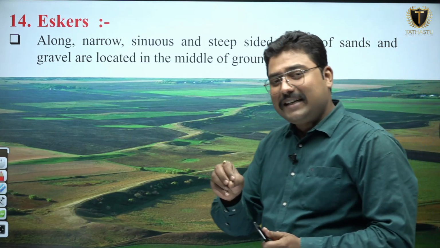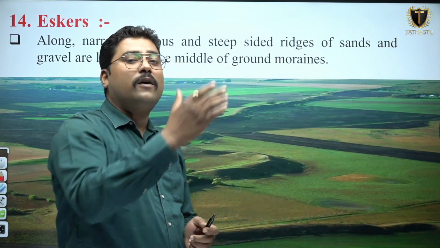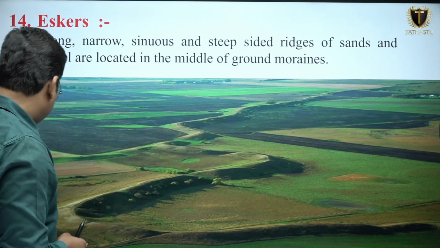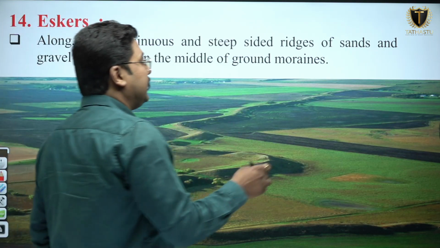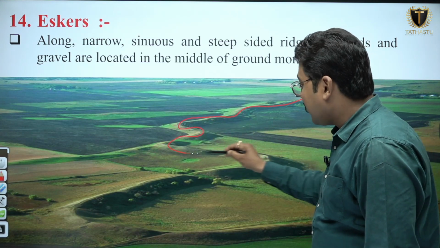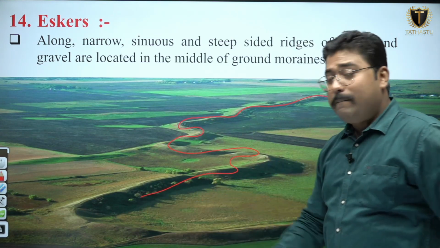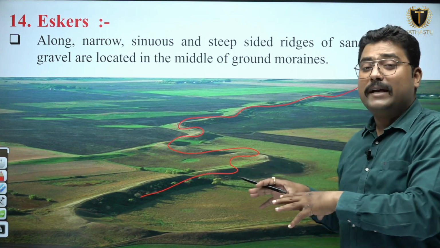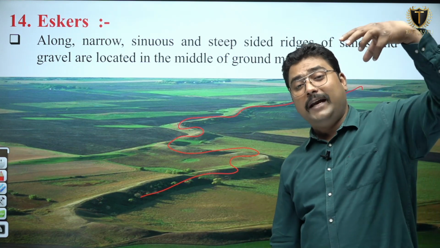Eskers. Eskers are the sinuous deposition of sediments which resembles a ridge, as you can see, but you might be thinking, sir, these are agricultural fields and these are the demarcation of those fields. But practically, this image has been taken from a height.